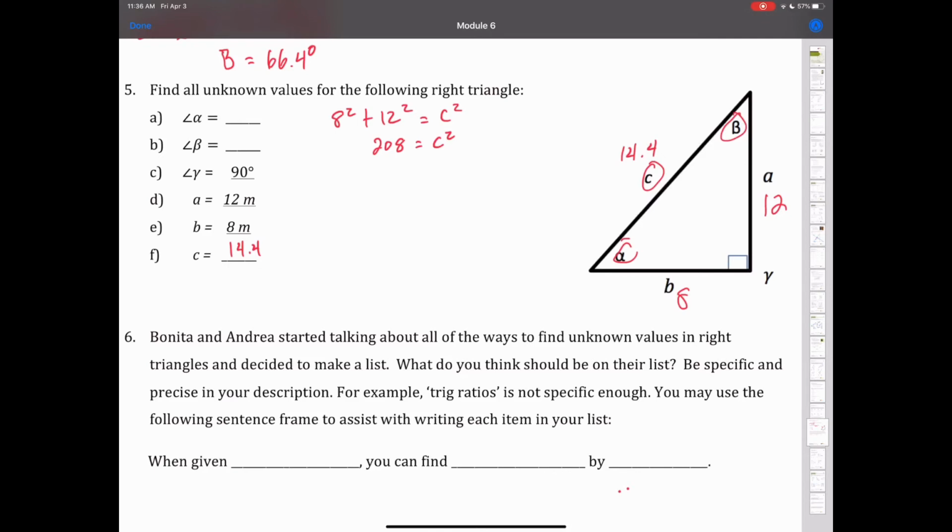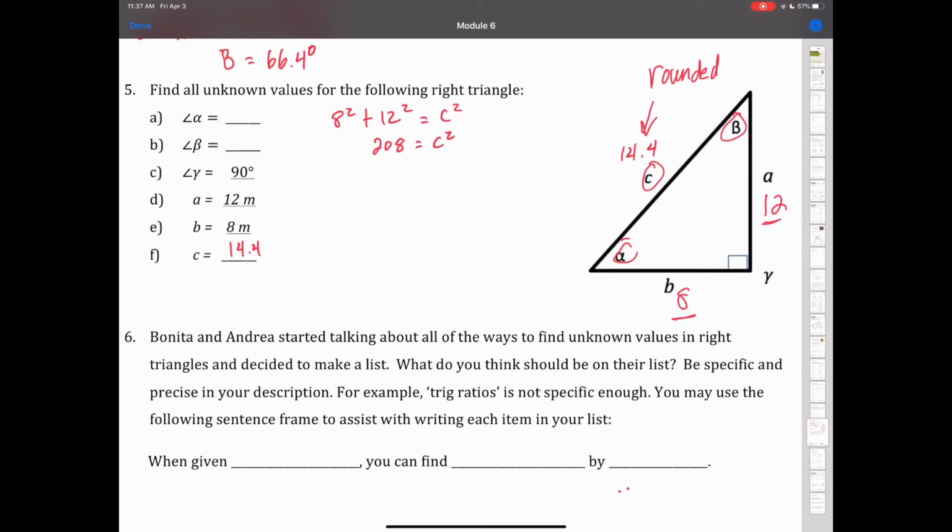Now we have some options, right? We have all the side lengths, and we could use any trig function that we'd like. Any of them will work to find alpha and beta. However, because they've given me exact values here and here, I am going to choose to use those values over the value that I calculated for. And a couple reasons for that. For one, I rounded that value.